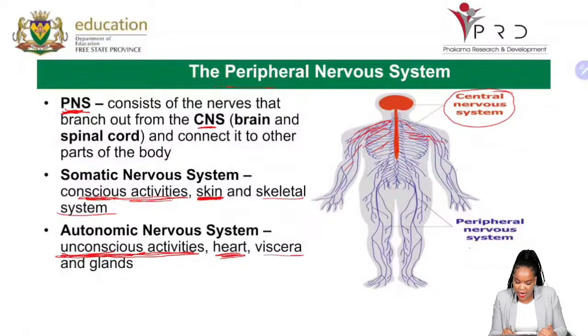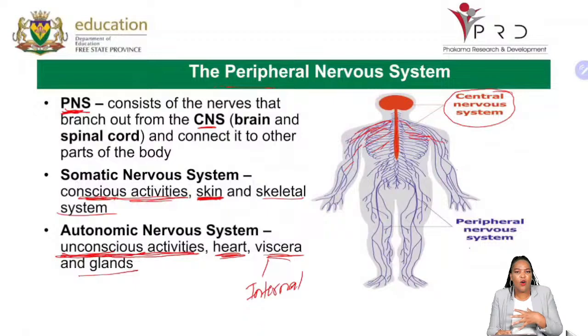Then the visceral and the glands. Viscera are the internal organs. So you can say these are the internal organs, such as your lungs for breathing, your eyes. You cannot control some of the things that are happening with those internal organs. So the nervous system that is responsible for that is the autonomic nervous system.